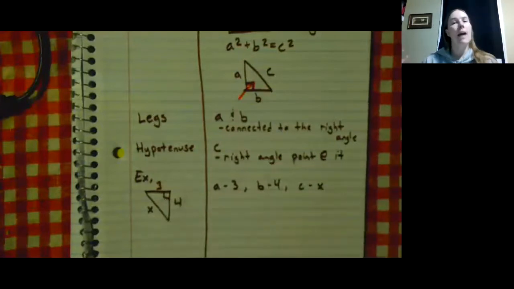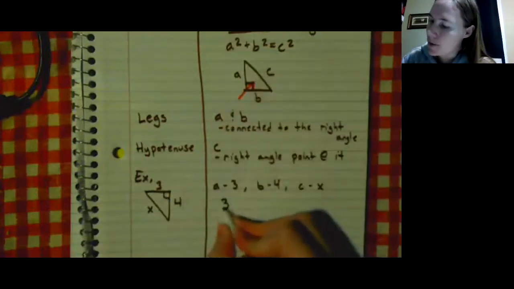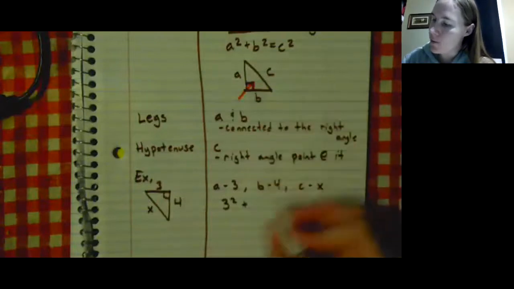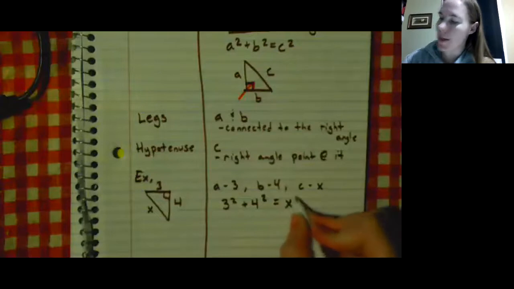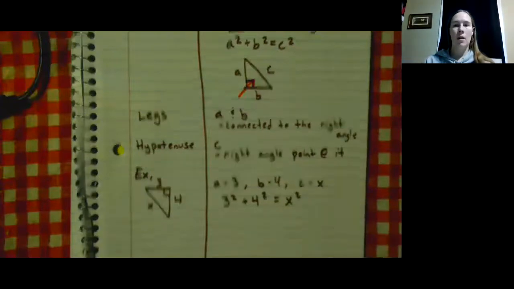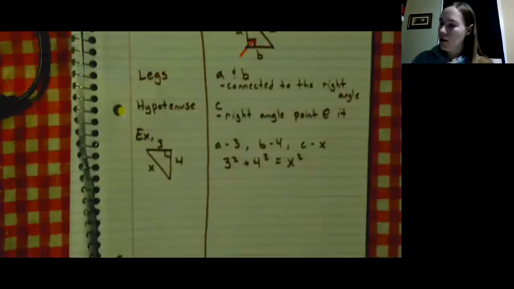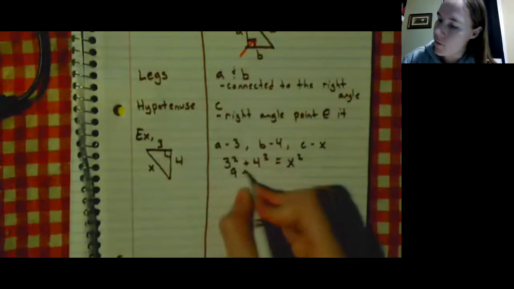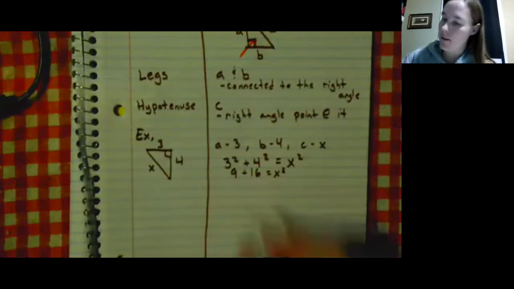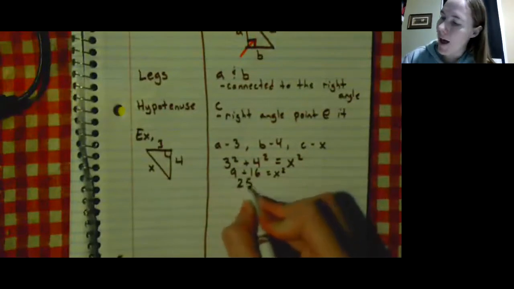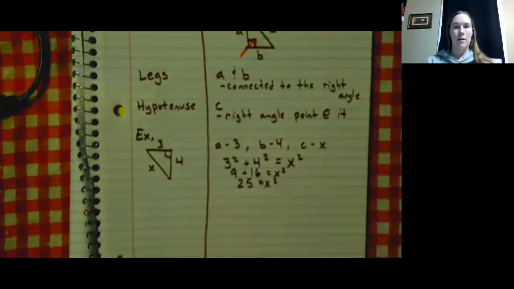And now I'm just going to plug them into the formula. So A squared, I have 3 squared plus B squared, so plus 4 squared, equals C squared. So it equals X squared. Now I solve. So 3 squared is 9, 4 squared is 16. Then I combine: 9 plus 16 is 25, is X squared.